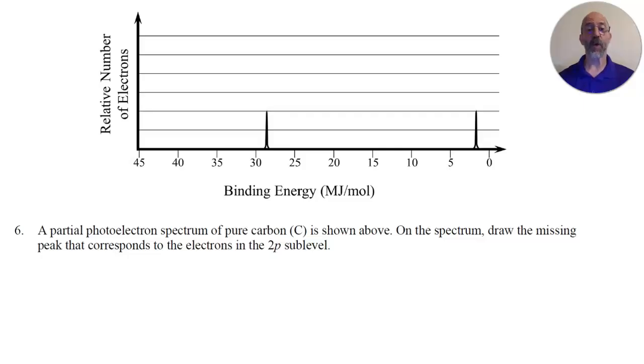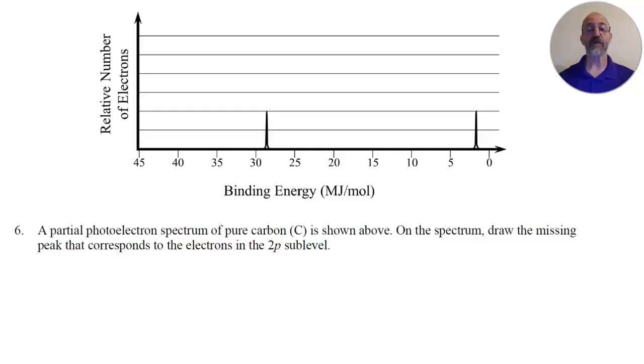That is normally the way the x-axis appears, with the higher binding energies on the left and the lower binding energies down to 0 on the right. And the reason why that's done intentionally is that a chemistry student can actually read the electron configuration. So starting with 1s and then 2s and 2p and so forth, they can simply read the electron configuration from left to right across that diagram.